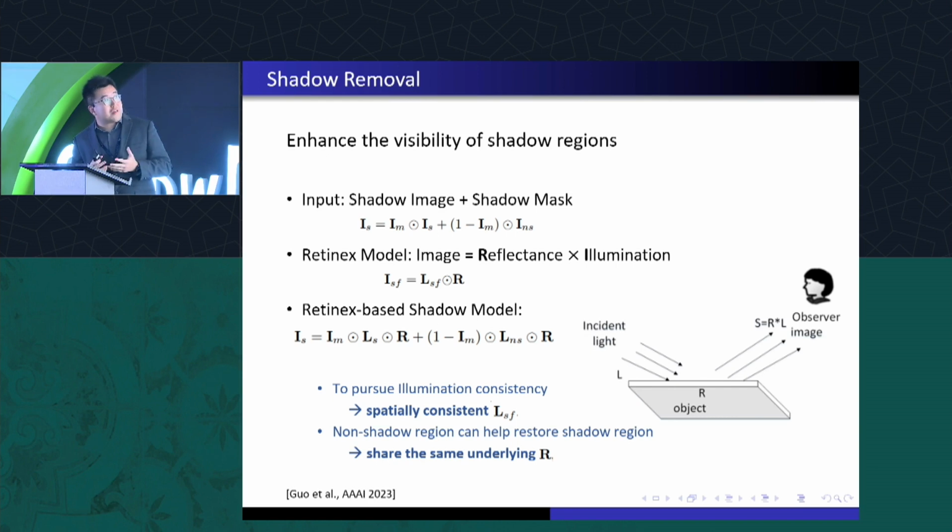But we think the model can be more sophisticated than the simple combination, right? So we trace back to the physics of the Retinex model, where they model the measurements as the multiplication of reflectance and illumination, right? And we think that for the shadow case, the only difference is that the illumination will be inconsistent across shadow and non-shadow regions.